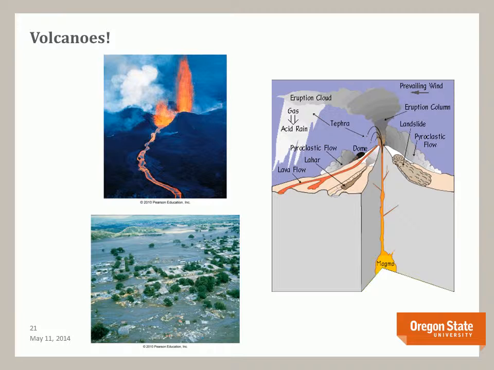But when they do erupt, some of the outcomes, like these large clouds, can also affect climate. There have been volcanic events like Pinatubo, Tambora, and Krakatoa where there were actually changes in temperature over a number of years because of the resulting ash that's put into the atmosphere. So volcanoes, dangerous but beautiful.